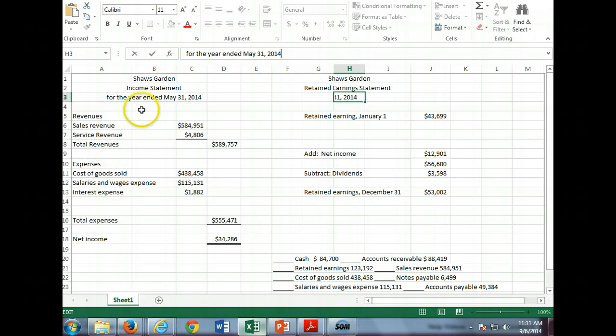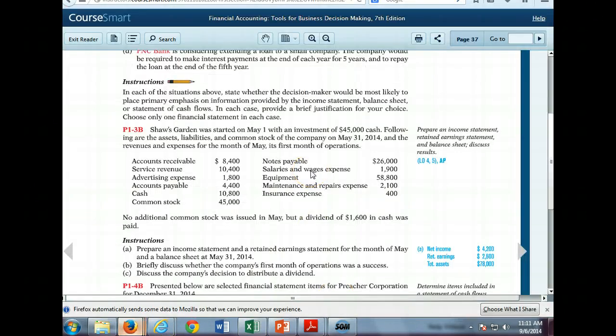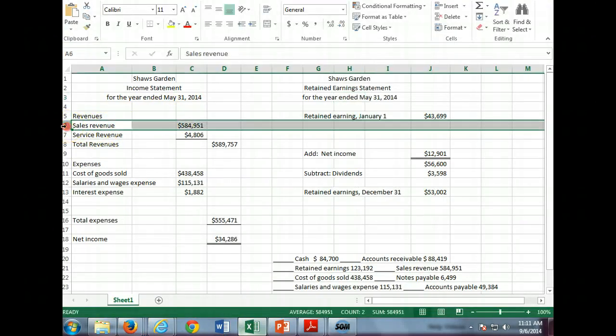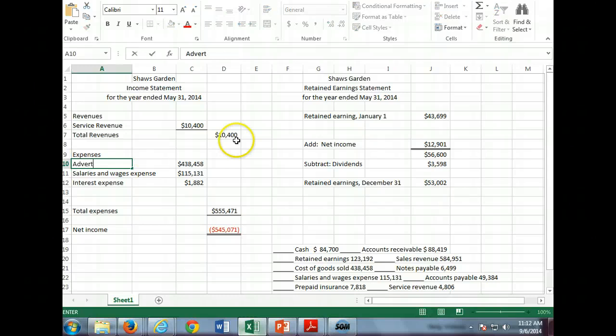Okay, let's start with our revenues. What does Shaw Company have in revenues? Service revenue, 10.4. So I'm gonna put in service revenue, 10,400, right? Then we've got, what kind of expenses do we have? Advertising of 1,800. What's next? Salaries and wages of 1,900.